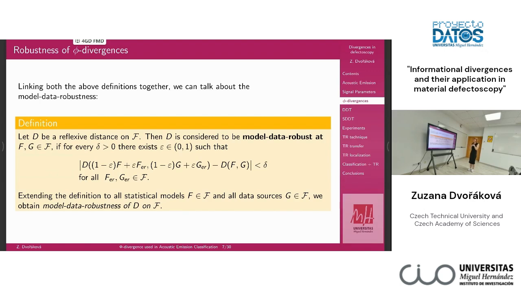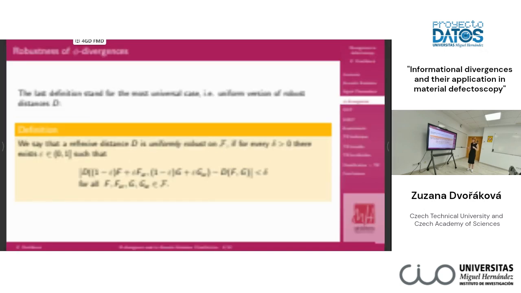We say that D is considered to be model data robust at F and G from a set of cumulative distributions if for every delta greater than 0 there exists a small epsilon such that if we change a little bit the source distribution and the theoretic distribution, then the divergence doesn't change so much.